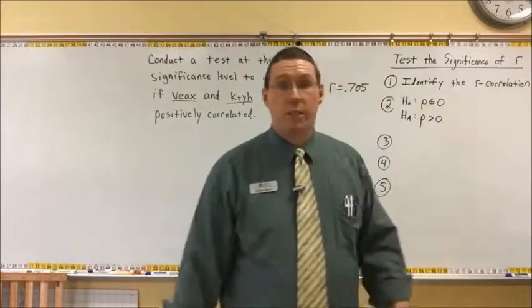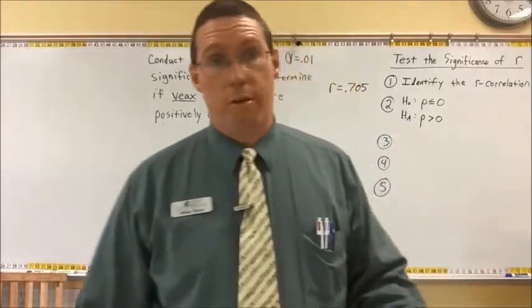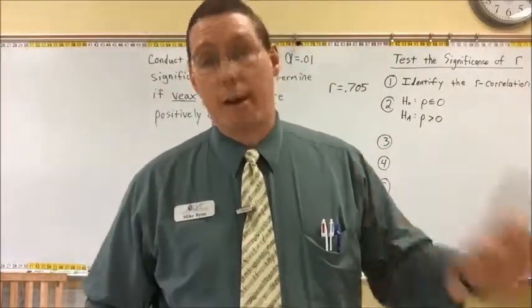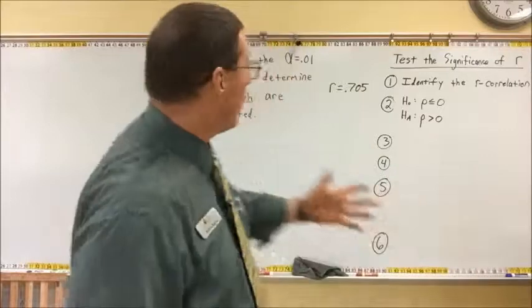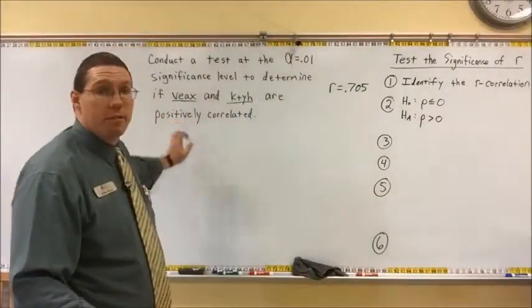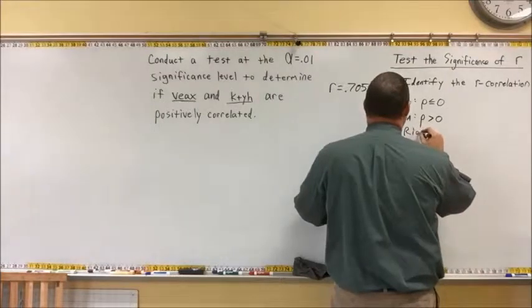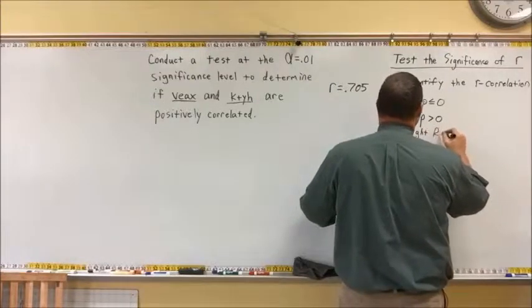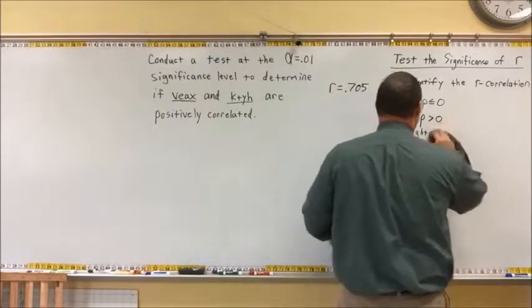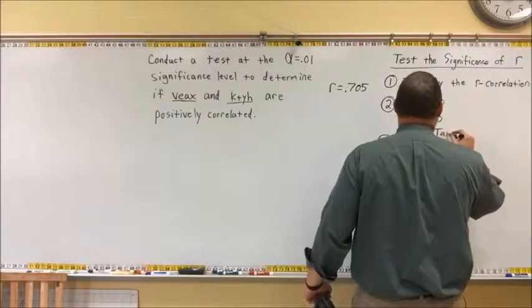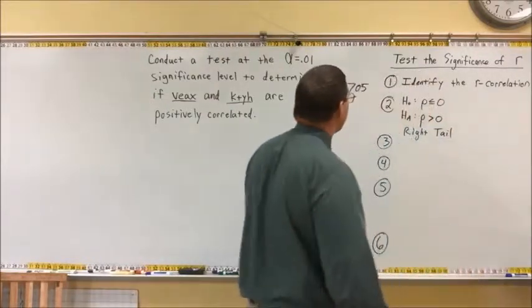So the correlation is either negative or equal to 0, either no relationship at all or a negative relationship, because what we're testing is whether it's a positive relationship. This is a one-tail test, specifically a right tail test.